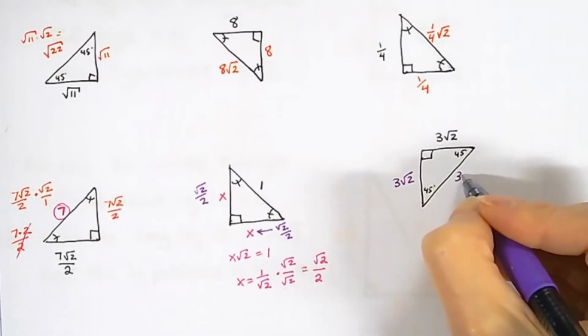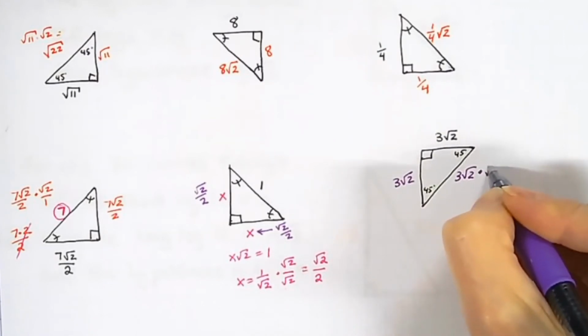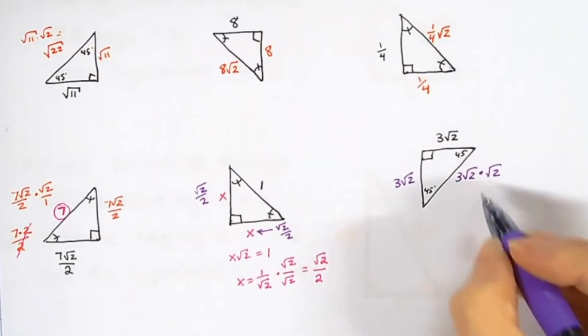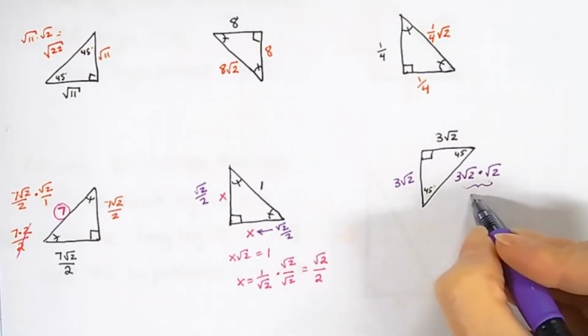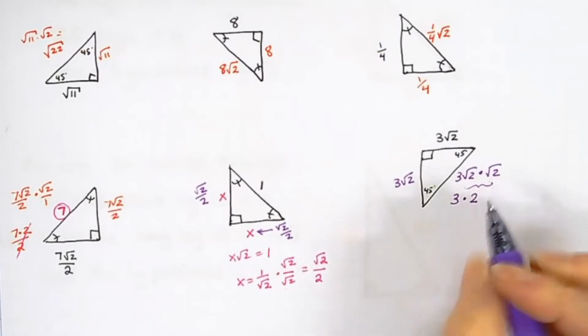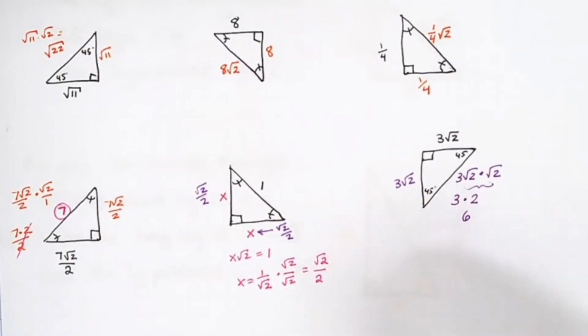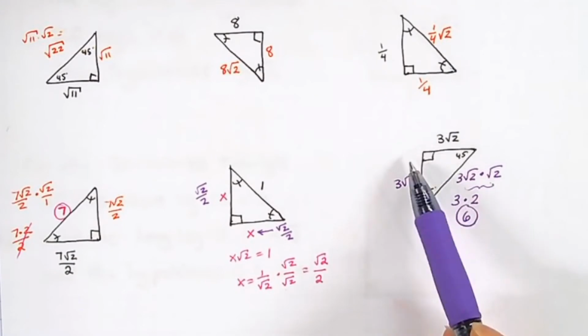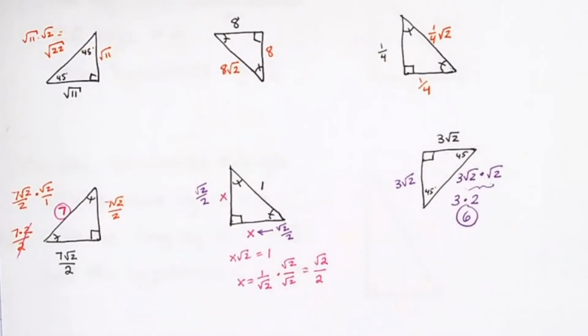So it's going to be this value times the square root of 2. But root 2 times root 2 gives me just 2. And 3 times that gives me 6. So this is another example, like this one, where my hypotenuse works out to be a nice, lovely number, and my legs have the square root of 2 in them.